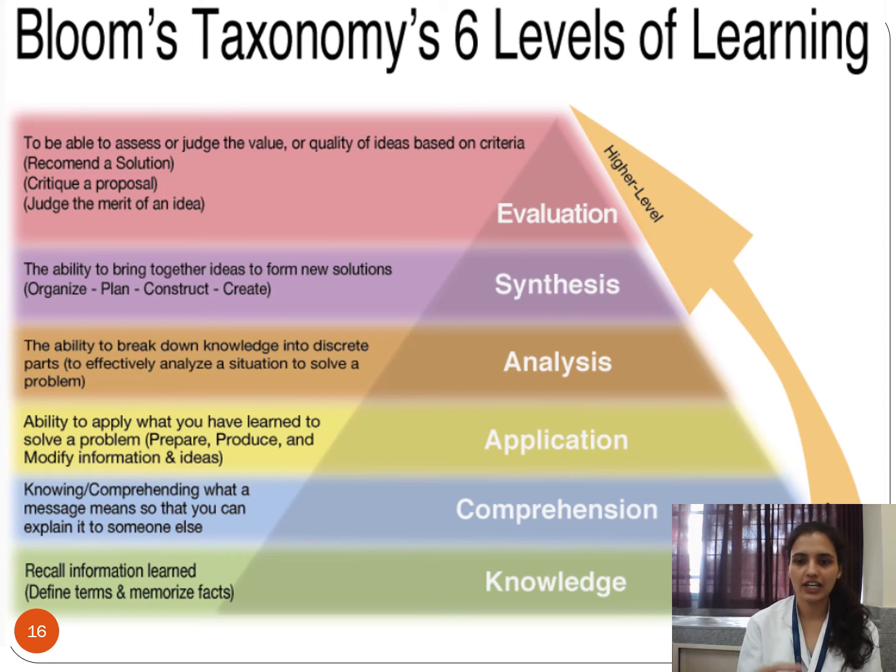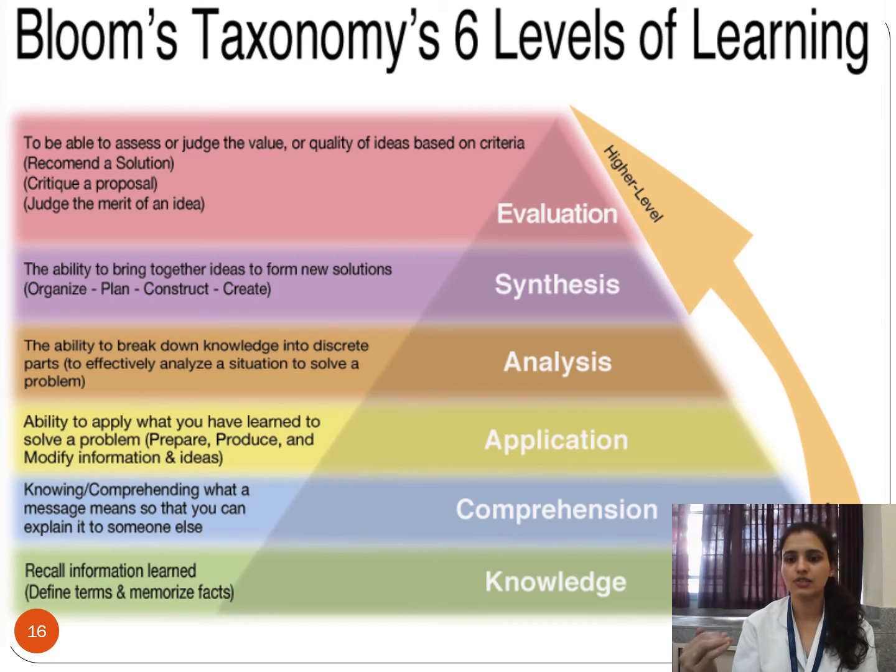Like we have created something new, so we have to be able to assess or judge the value or quality of the ideas based on criteria, like the recommendation of the solution or critical appraisal, or critically we should be able to analyze our knowledge according to the need. So it is evaluation. These are the six main levels of Bloom's taxonomy of learning, which go from the lower level to the higher level.